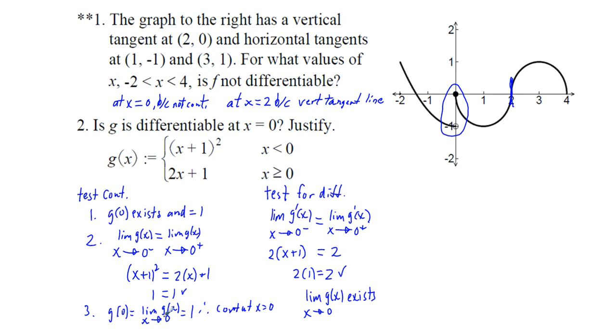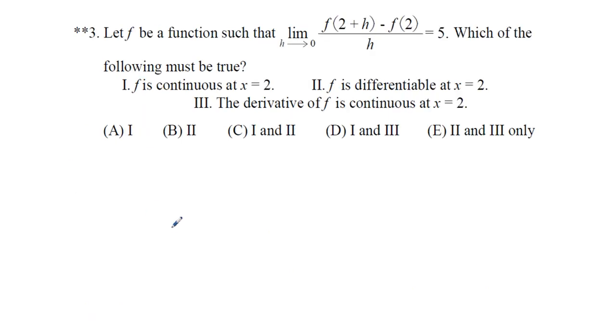Since we have continuity and the limit of g prime of x exists as x approaches 0, therefore we have g of x is differentiable at x equals 0. And again, problem 3 in that last note card 13 is a similar type problem, as it turns out.